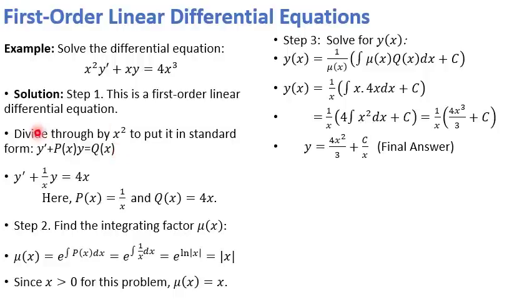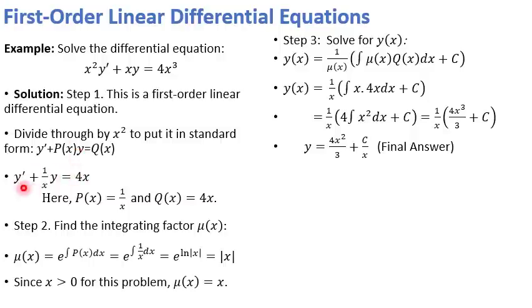In order to do that, we divide through by x squared so that the coefficient of y prime is 1. When we divide all through by x raised to power 2, this is what we get.